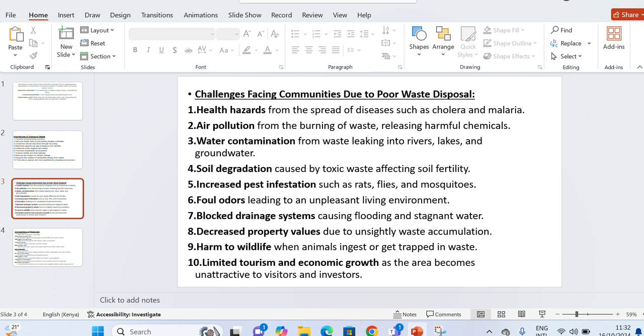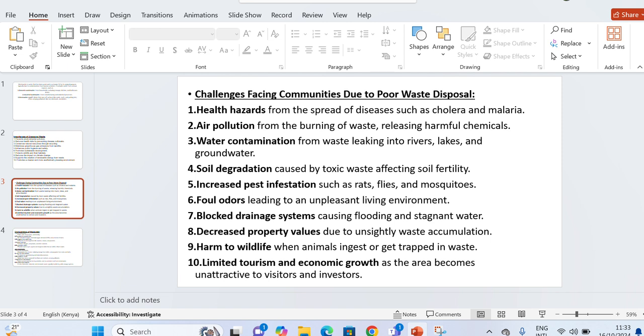The next subtopic will be challenges facing communities due to poor waste disposal. When we poorly dispose of our raw materials, for example plastics, they are very dangerous and hazardous. It is very dangerous to our environment by spreading diseases.